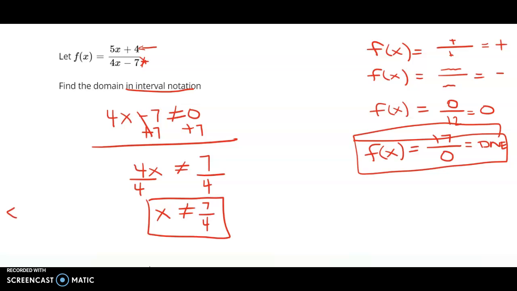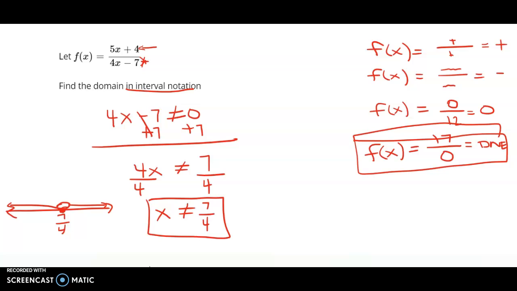So if we put this on a number line, what would represent our whole function is we could have a line going clear down, and then at 7/4 we're going to have a little blip because it can't equal 7/4, and then clear up.